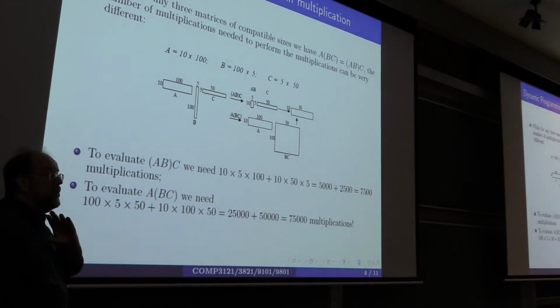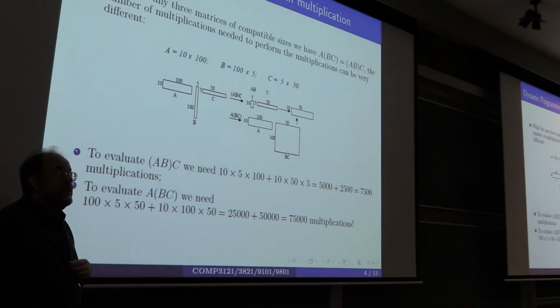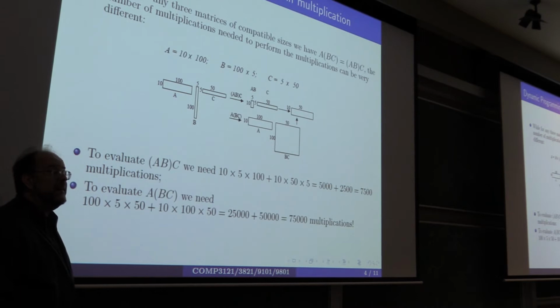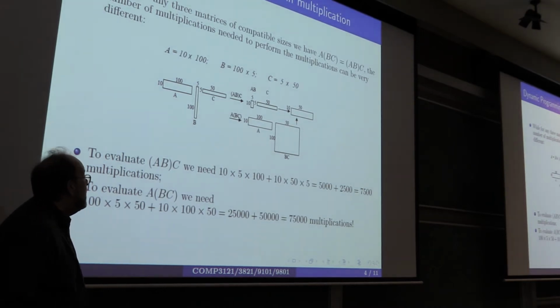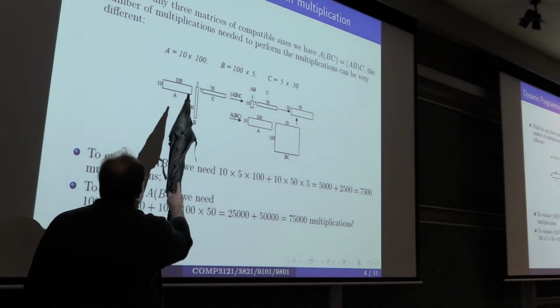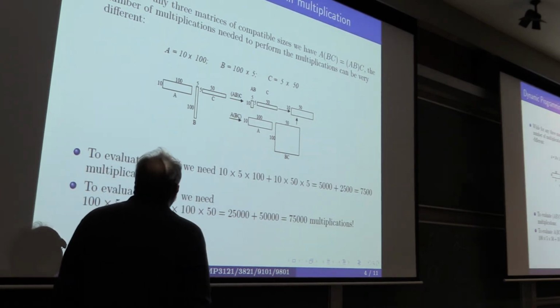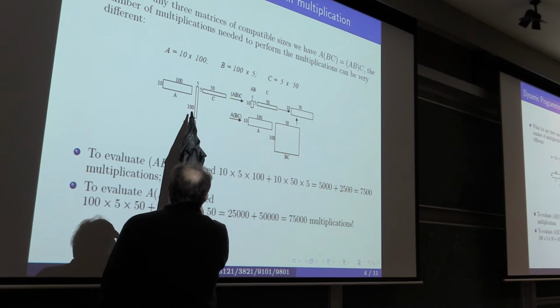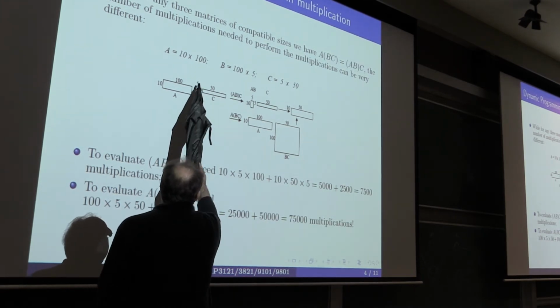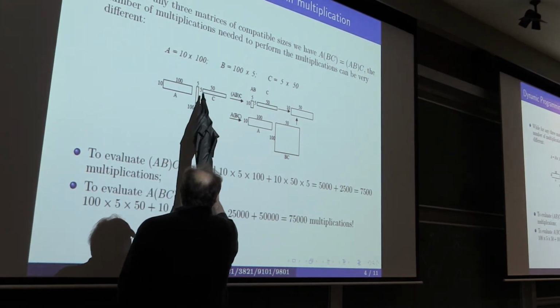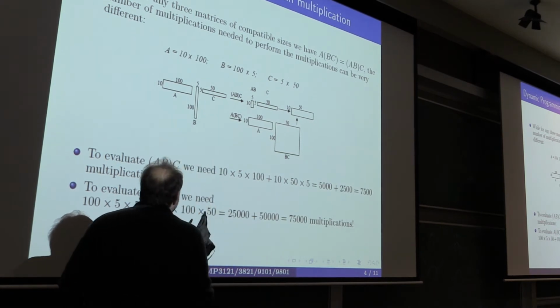However, it can hugely matter in terms of the workload, in terms of the complexity of the algorithm. Why? Well, here is an example. So you have one matrix that is 10 by 100. Then you have another skinny matrix 100 by 5, and then a matrix 5 by 50.